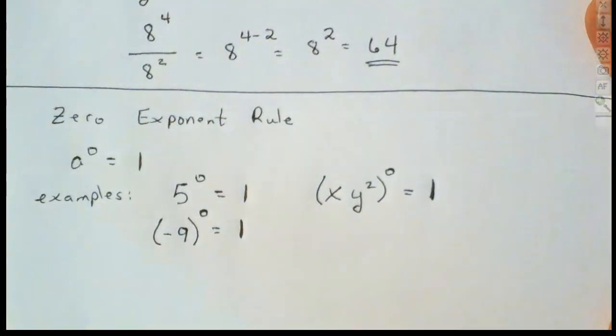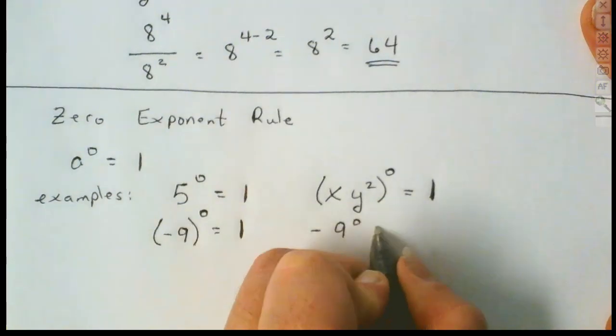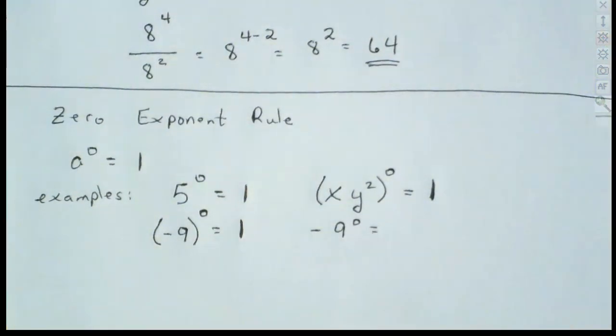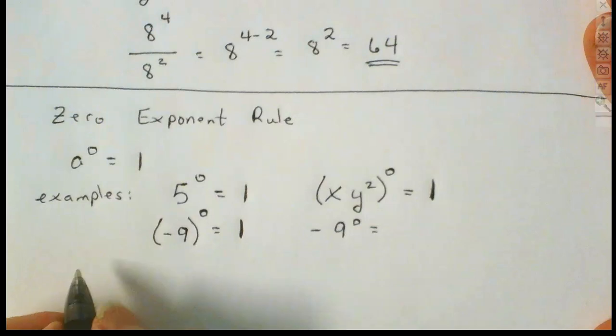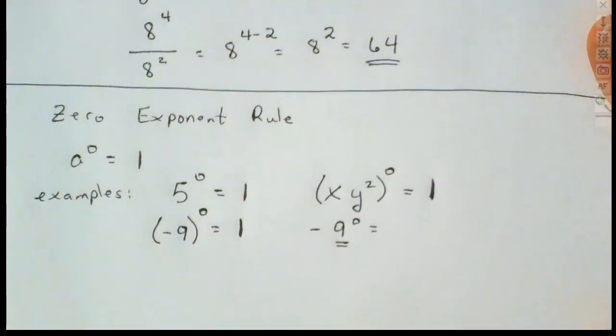Now, it is different if the negative is out in front. Without the parentheses, if I say negative 9 to the 0 power with no parentheses involved, this one's going to be negative 1. Why is it going to be negative 1? Order of operations tells us exponents first.